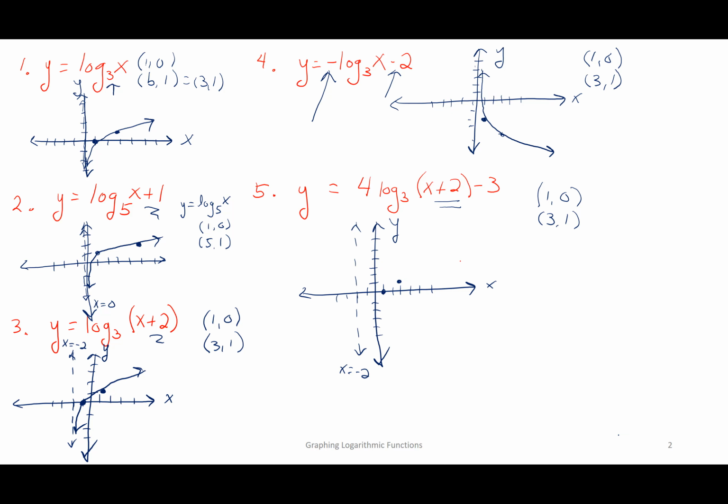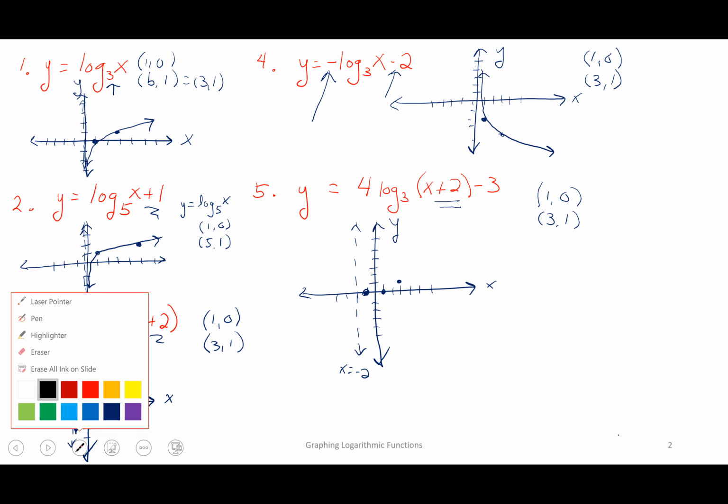But now we have to do some stretches here. For the first stretch, we can do it a couple of different ways. Let's move everything first to the left 2. So we're going to go 1, 2. It's going to be our new one, and our new one will also be here. But now we're going to change our y value to account for that stretch.